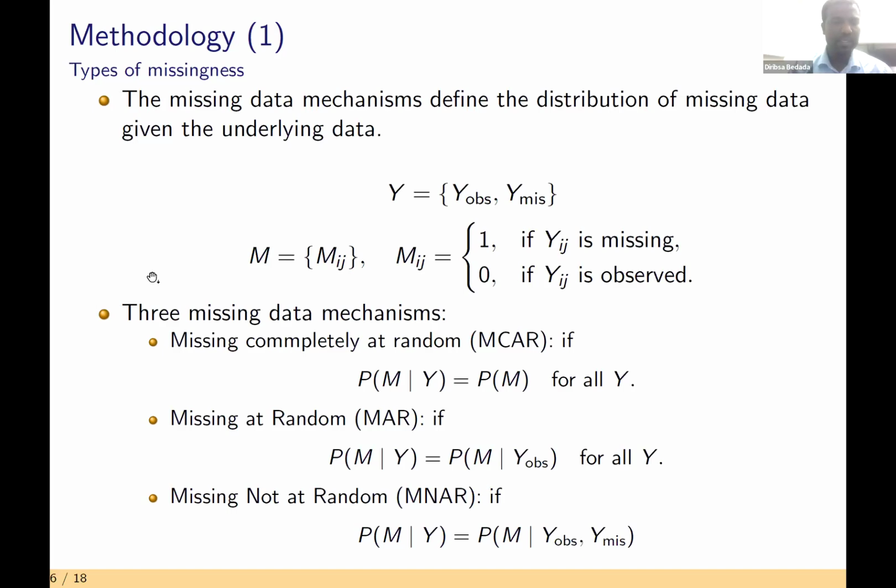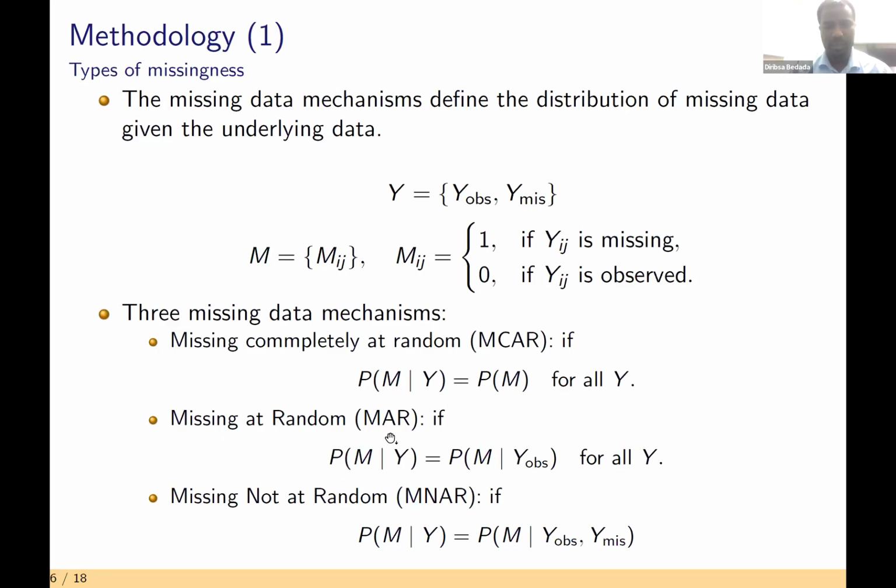So based on this, there are 3 missing data mechanisms. One is missing completely at random. This is when the probability of missing given Y does not depend on both observed and missing information.